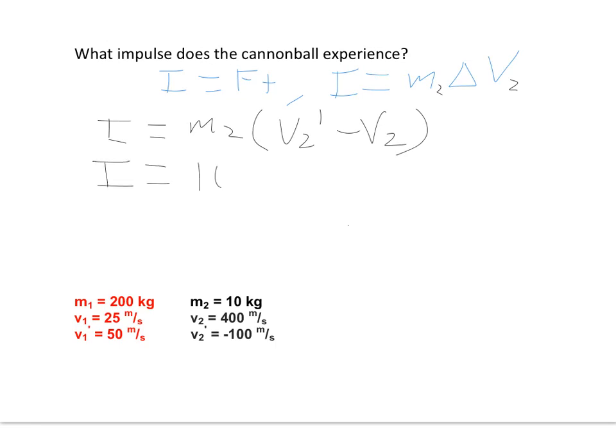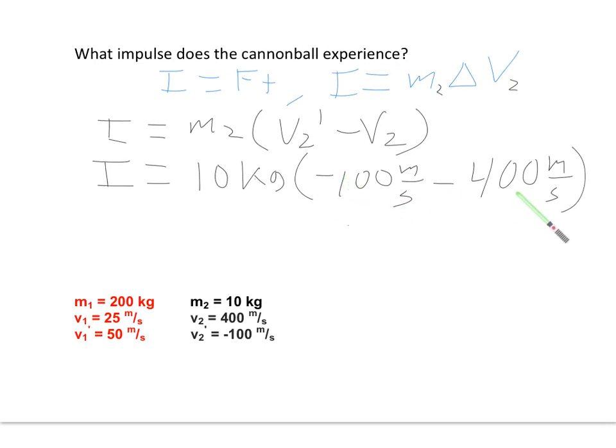So I've got 10 kilograms times that final velocity, negative 100 meters per second, minus that initial velocity of 400 meters per second. Here's the tricky part: we've got a negative value subtracting a positive value.